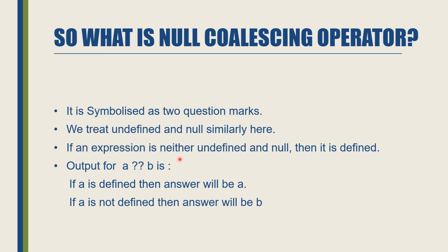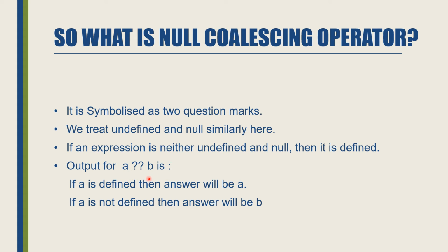Let's see an example. Firstly, we take two variables, one is A and the other is B. Suppose we have A, then the double question mark, and then B. A double question mark B, we can say A null coalescing B. What will be the output?